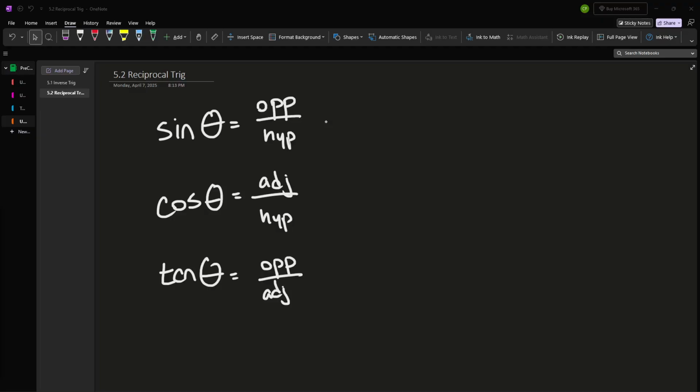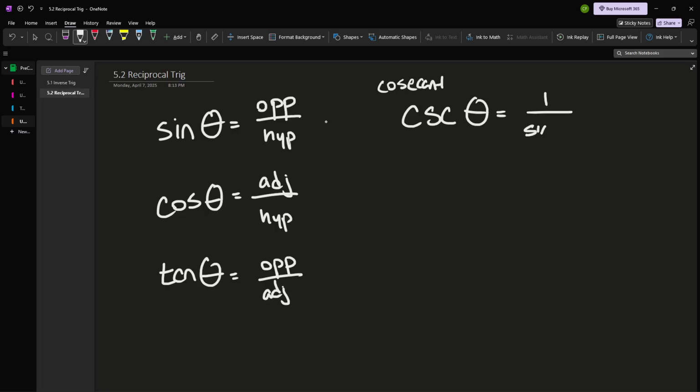And these reciprocal trig functions are as follows. With sine, we have cosecant. Cosecant, S-E-C-A-N-T. Cosecant of theta is equal to 1 over sine.